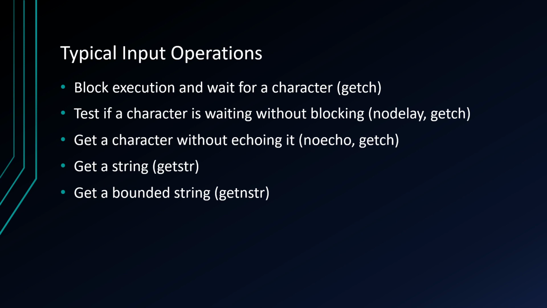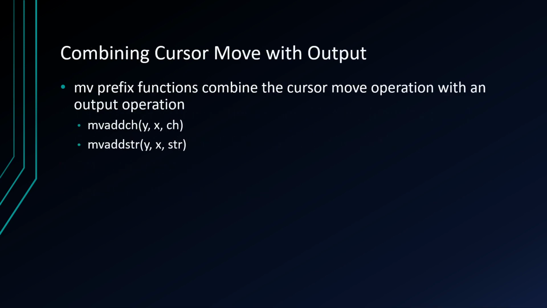You can get an entire string. And again, this is an old C-style API, so they just assume that the output buffer, which you supply as a pointer, is big enough to hold whatever string they type in. You can use getnstr to fill a bounded buffer so you'd avoid any potential buffer overflow problems.